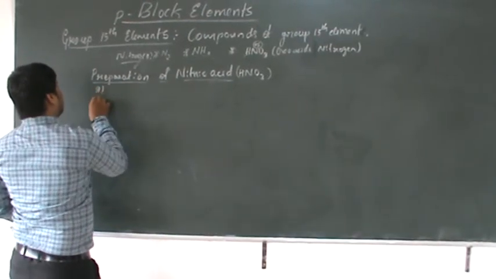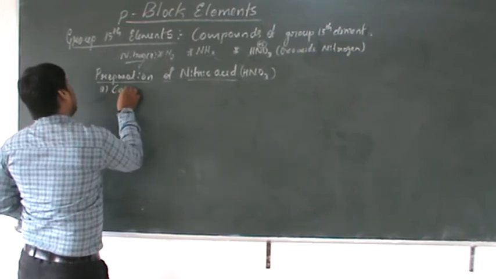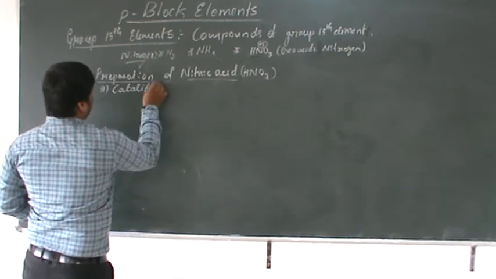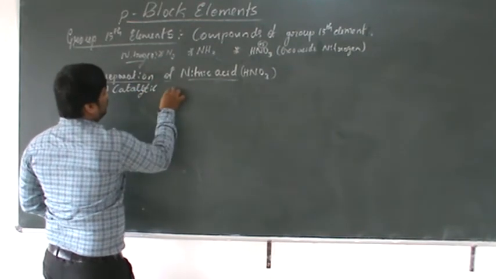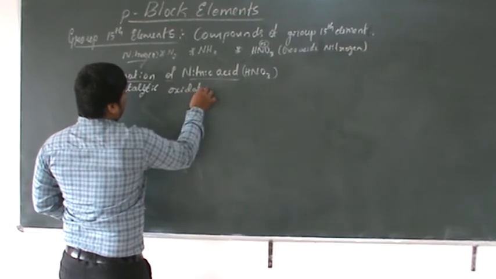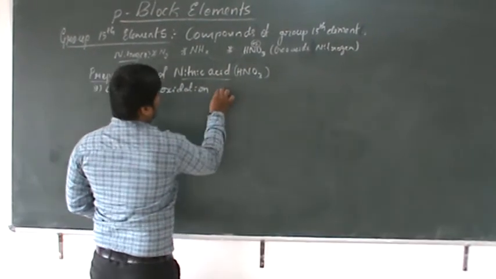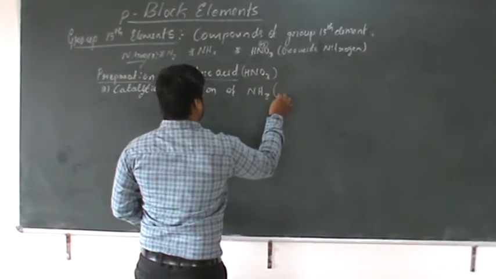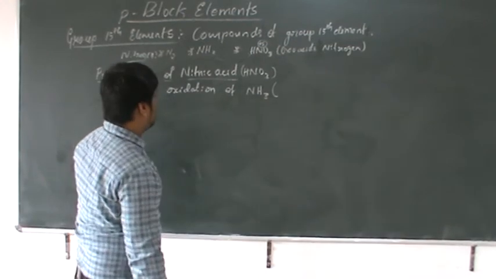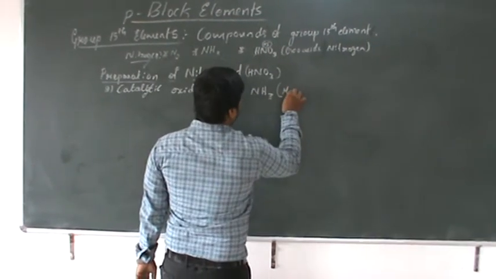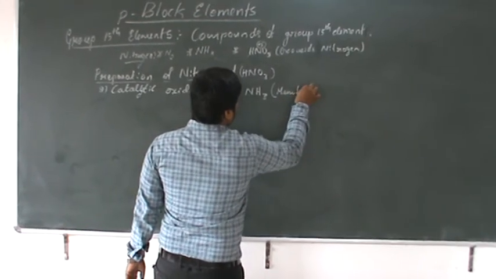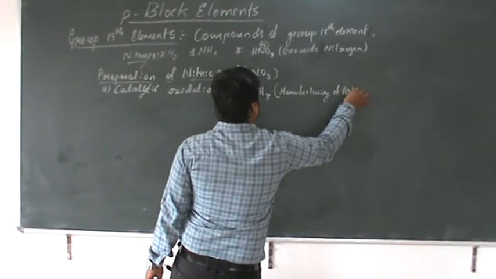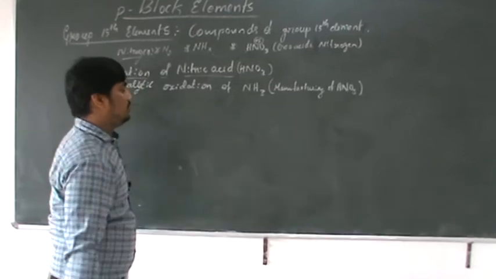It is called catalytic oxidation of ammonia. Very important. This is the way of manufacturing nitric acid.